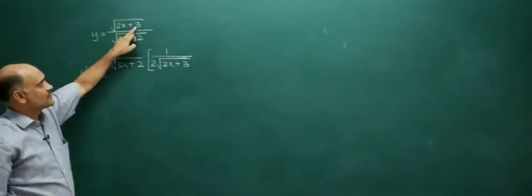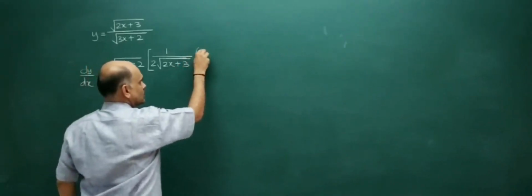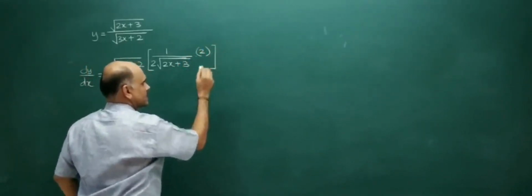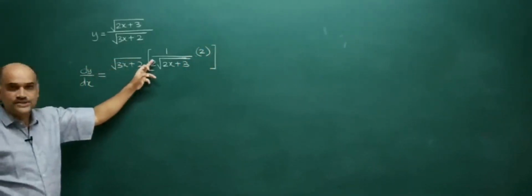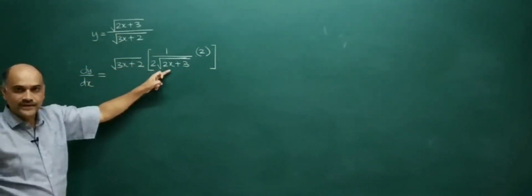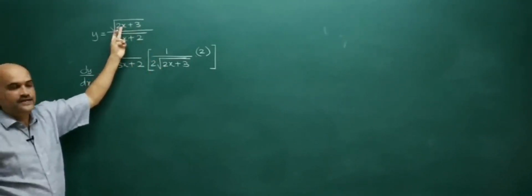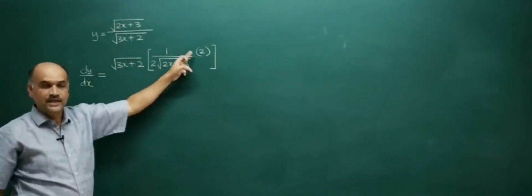So differentiation of 2x is 2, that of 3 is 0. So into 2. Clear, students? This is the differentiation of numerator. So 1 by 2 root of 2x plus 3 into term inside the root. If I differentiate, I will get 2.